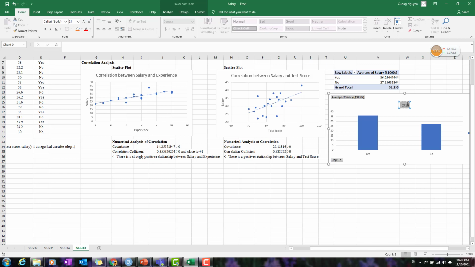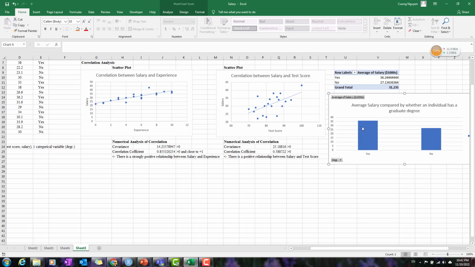I can change the name to something like average income, average salaries compared by whether an individual has a graduate degree.